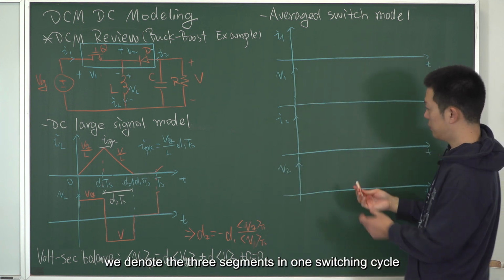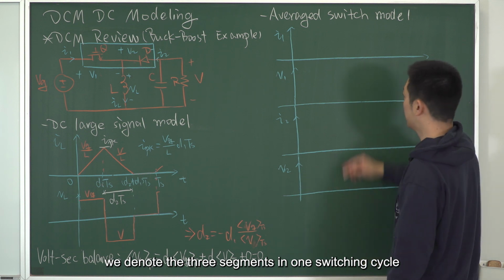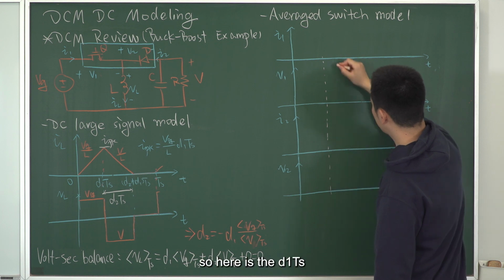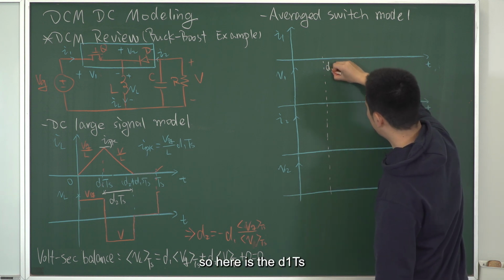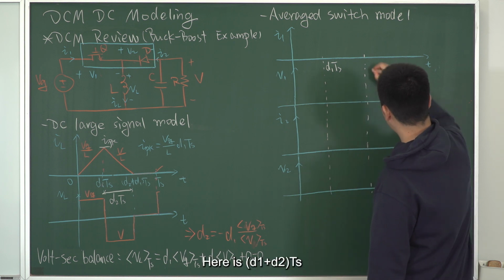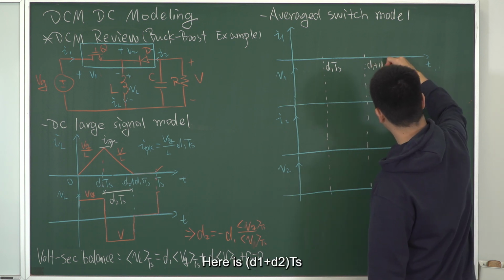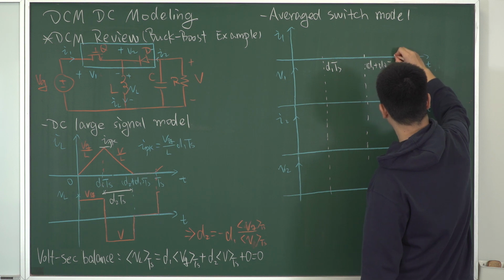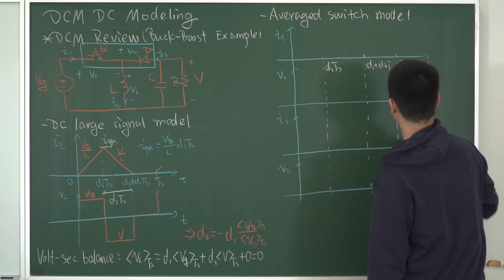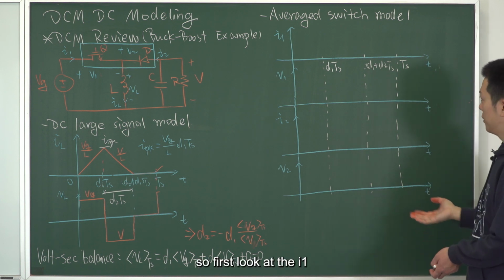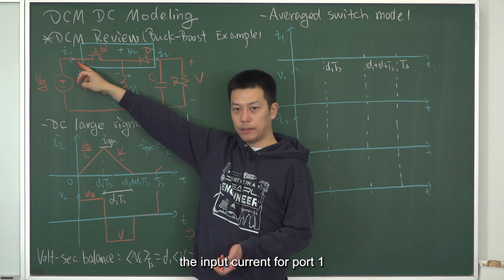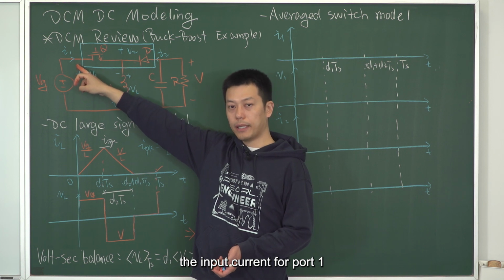We denote the 3 segments in one switching cycle, respectively. Here is D1 TS, here is D1 plus D2 TS, and here is TS. First, look at I1, the input current for port 1.